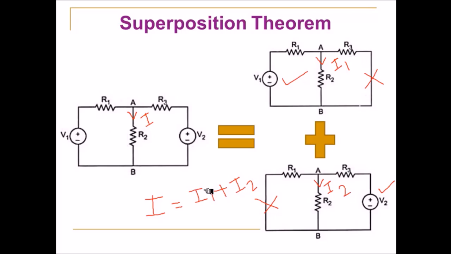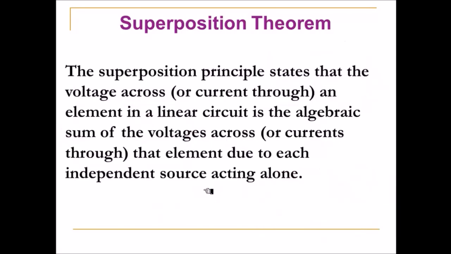With that basic idea, let's move to the actual statement of superposition theorem. Superposition theorem states that the voltage across or current through an element in a linear circuit is the algebraic sum of the voltages across or currents through that element due to each independent source acting alone.